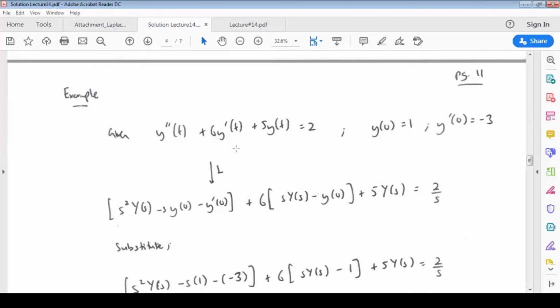For the first order differentiation, the second term, we are supposed to get 6 times the Laplace transform of y prime(t), so we have s Y(s) minus y(0).